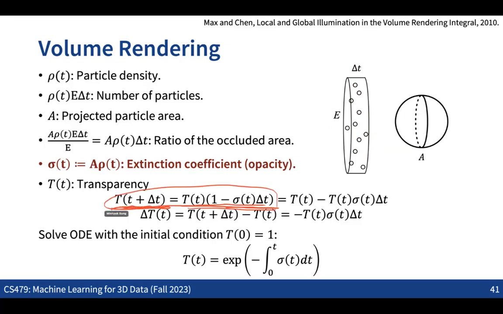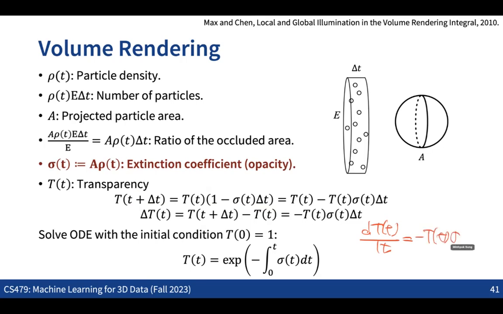You can see that this is the ODE formulation. We have an equation like this. If you rewrite everything, we get dT is the same as minus sigma times T times delta t.